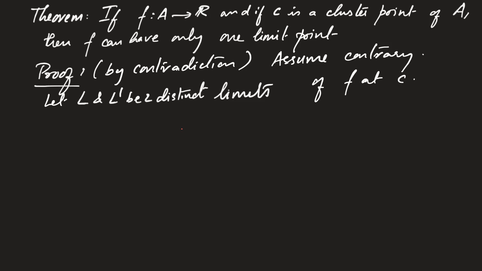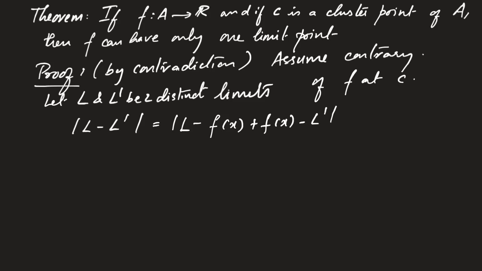Okay, then what do we do? We look at mod of L minus L dash. But this can be written as mod of L minus f of x plus f of x minus L dash. This is our usual trick, nothing special has happened. Which by triangle inequality is less than or equal to mod of L minus f of x plus mod of f of x minus L dash.